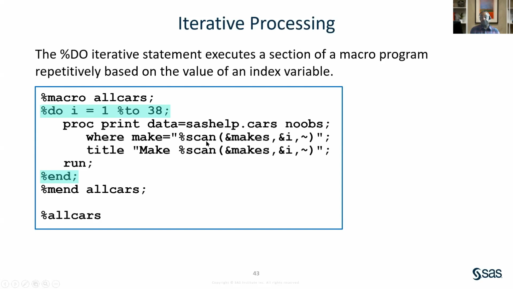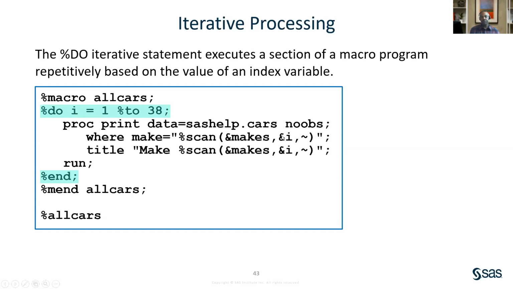If you recall, %SCAN is very similar, and that &I is automatically that variable. Whenever you do a %DO some variable equals something, that variable will automatically be a macro variable. I like that. That works really great for me. So I will automatically be a macro variable, and this value would change for each iteration.